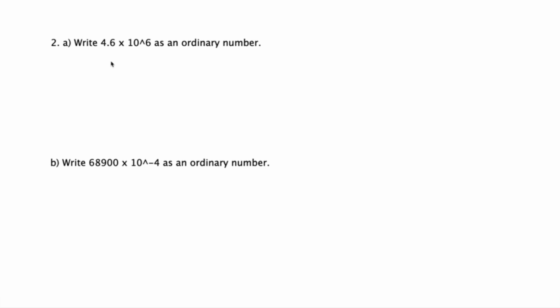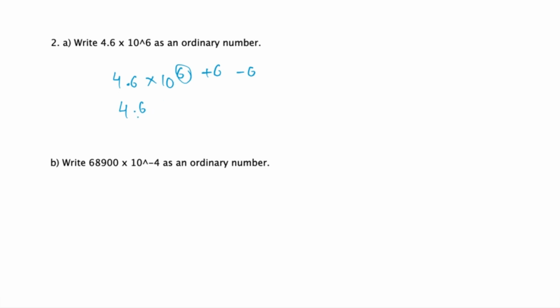2a. Write 4.6 times 10 to the power of 6 as an ordinary number. So this is in standard form and it's asking you to write an ordinary number. So what you have to do is write down 4.6 and then move the decimal place to the right when the power is positive, in this case plus 6. When it's negative, move the decimal place to the left.